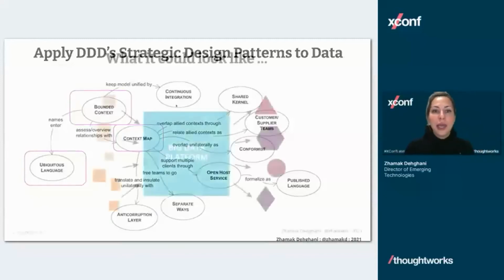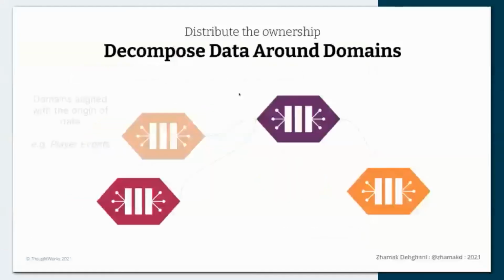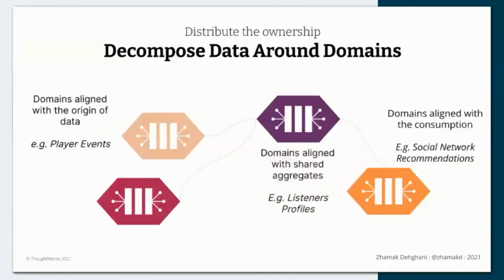So then what we end up with is a distributed decomposition of the data around domains. Some domains, if I again take the example of digital streaming, are aligned with the source. So you have player devices, like your media playing application, then you have player events, and you have domains that are working with those that are building those player applications, and are also now responsible for a new concept, this data product.